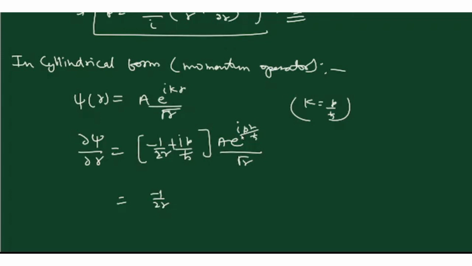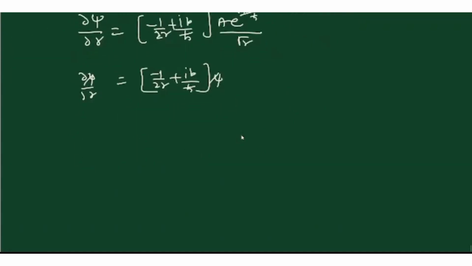So minus 1 upon 2r plus iota p over h cross. Now we are getting psi here with del psi over del r. Psi is cancelled, and we get del over del r, which will come out as minus 1 upon 2r plus del over del r.